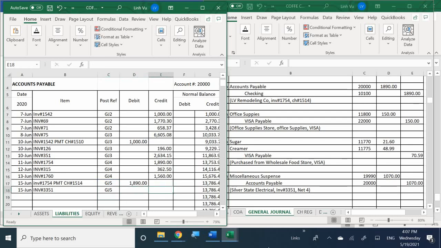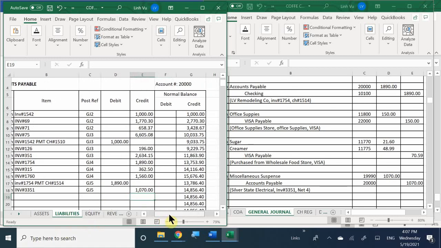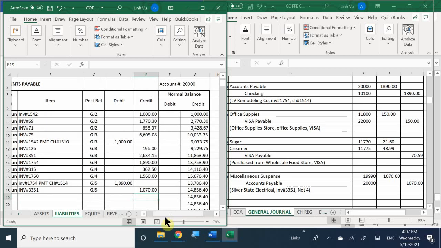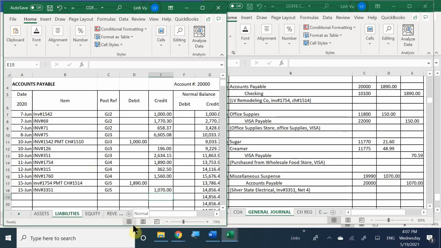For the 1070. $14,856.40. That's what I got.